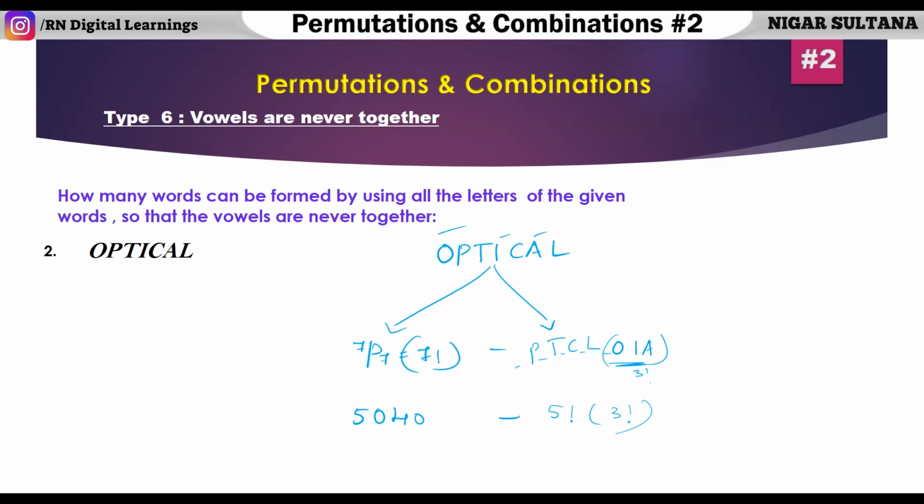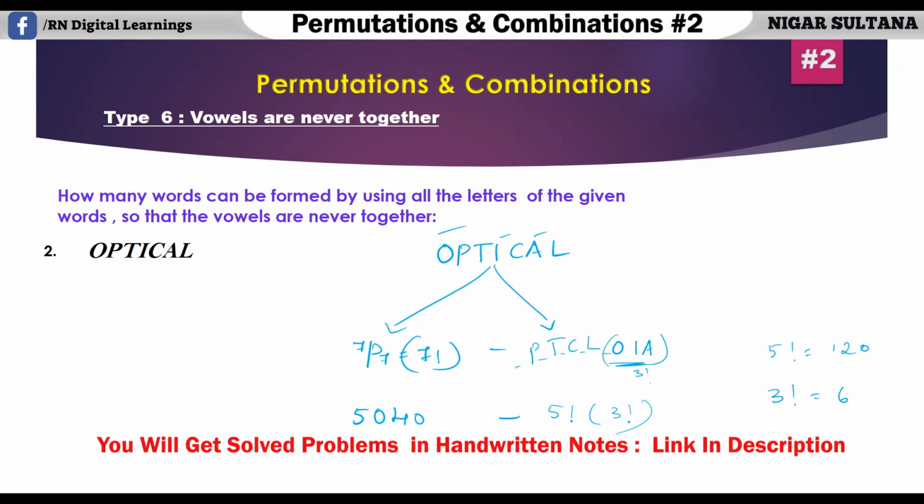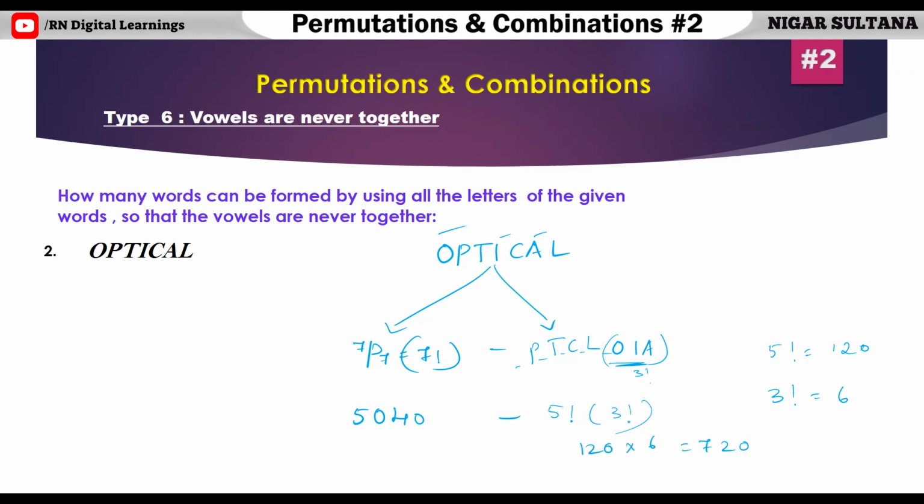So 5 factorial is 120 and 3 factorial is 6. So what is 120 into 6? That is 720, right? 6 zeros are 0, 6 twos are 12, 6 ones are 6 and plus 1, 7.